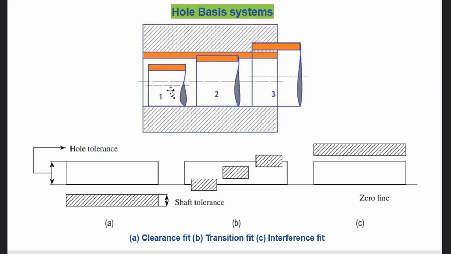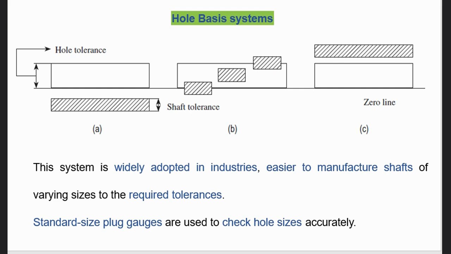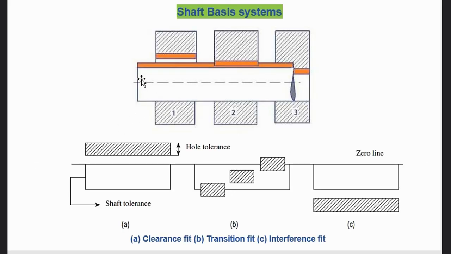Here you can see the hole size is constant and I'm manufacturing 3 shafts of different diameter in order to obtain clearance fit, transition fit, and interference fit. Whereas in the shaft basis system, you can see the shaft size is constant and according to my requirement I am varying the hole size.